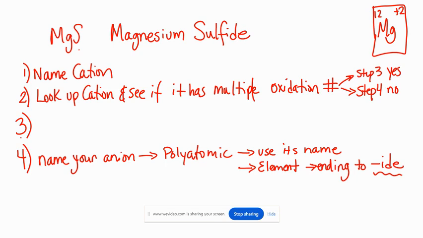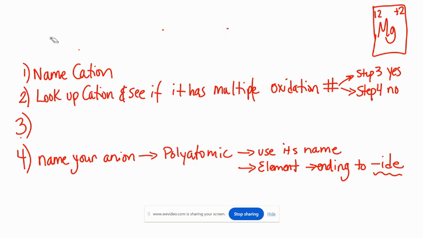All right. The next one then is BaCl2. So I look up Ba on my periodic table. I see that there's one oxidation number. So I'm going to just name my cation, barium.